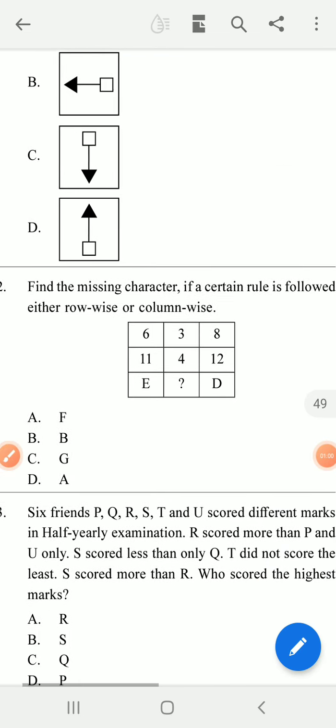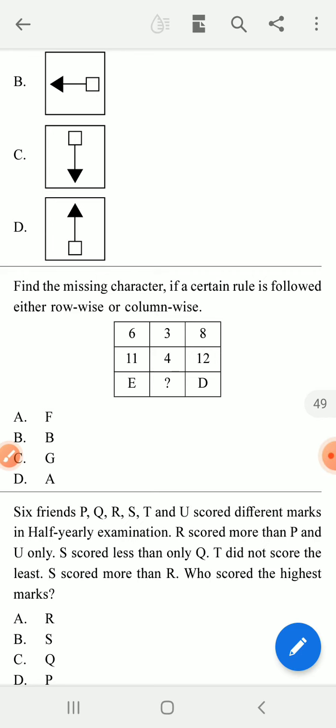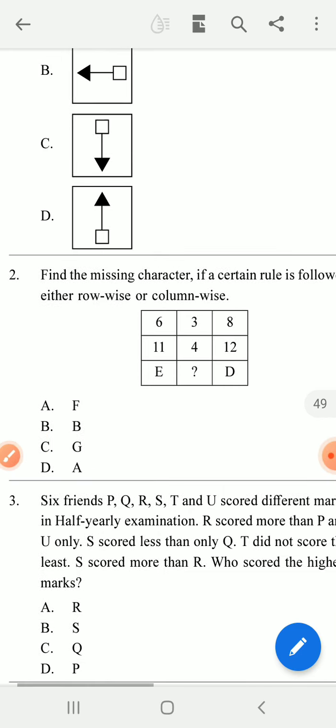In number 2, find out the missing character if certain rules are followed either row-wise or column-wise. So first find out what E is. E means A, B, C, D, E, so 5, and D is 4.